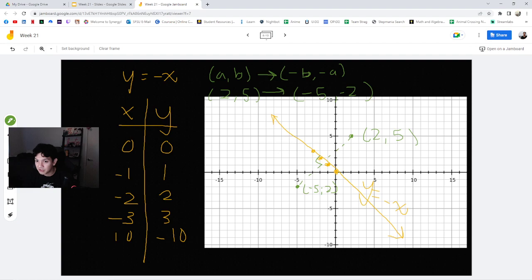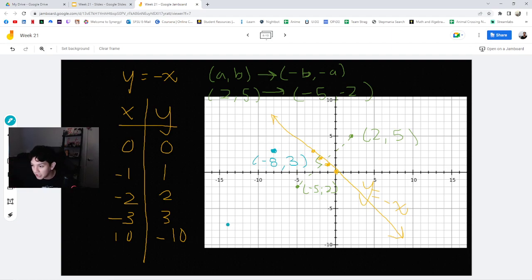Let's do one more just for good measure, and then we'll call it a day. If I started out with, let's go over here, this blue dot. This is -8 and +1, 2, 3. If I start out at -8, comma 3, where is my reflected point going to be? Well, let's swap the values.